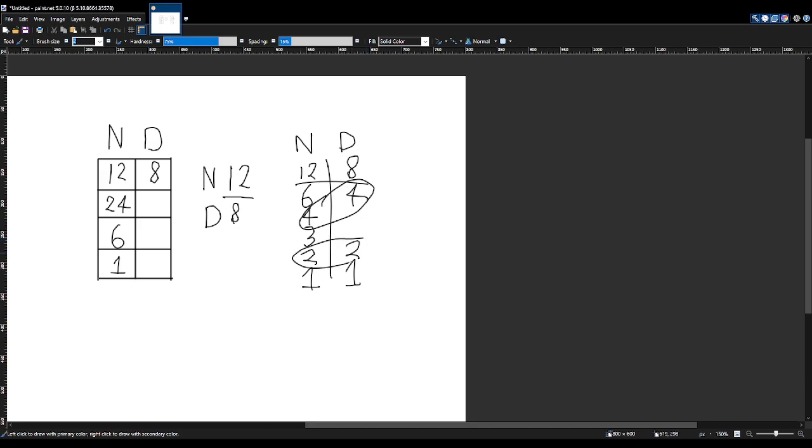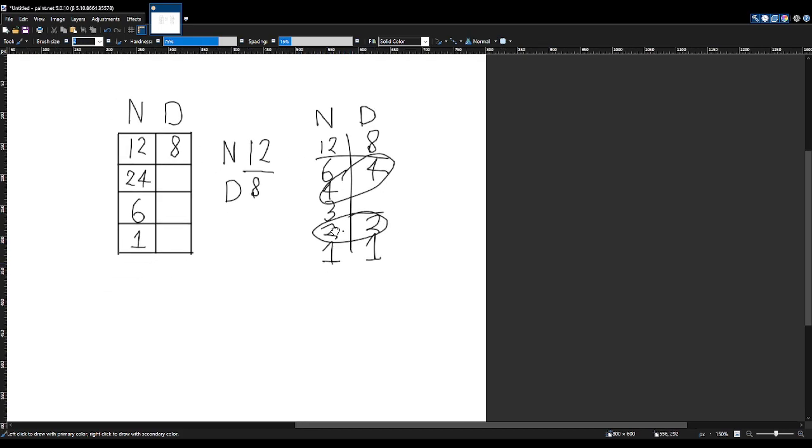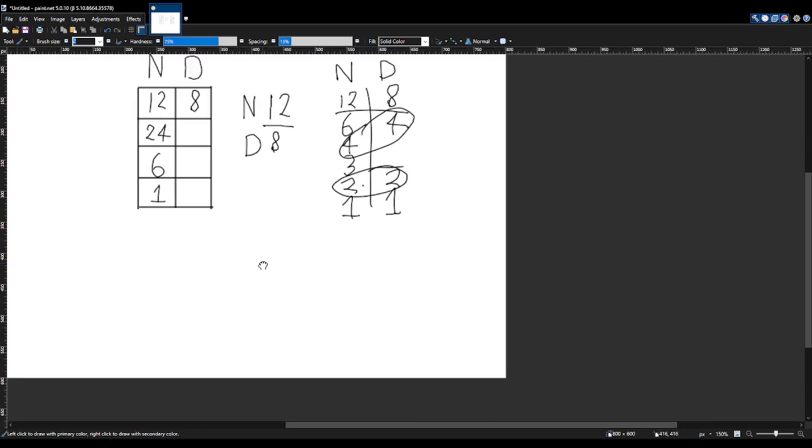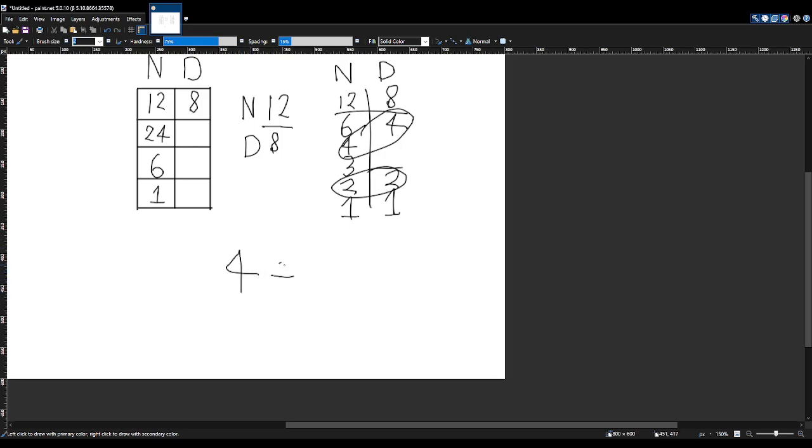Now you might notice that we have the same two numbers right here, but we're not gonna want these, because look at this. 4 divided by 2 equals 2. But then 4 divided by 4 equals 1.